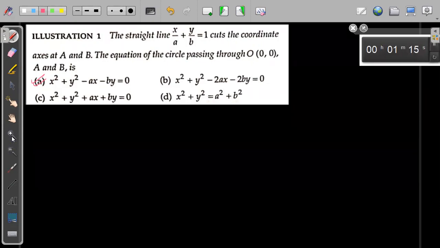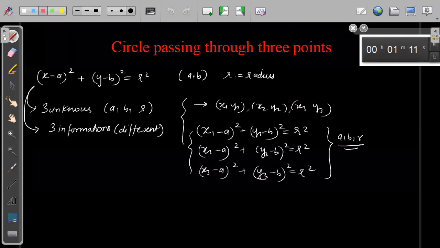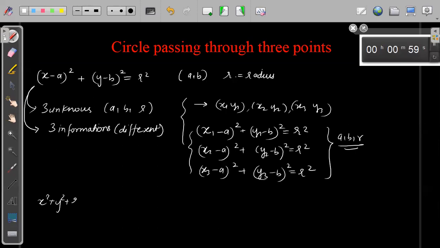Okay, fine. But if you have any problem finding the equation of the circle using this form, because we have a square and b square, then we can also use the general equation of the circle, that is x square plus y square plus 2gx plus 2fy plus c is equal to 0.